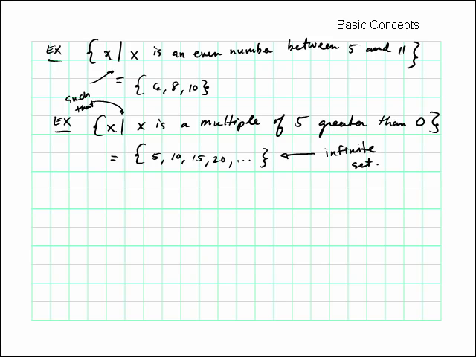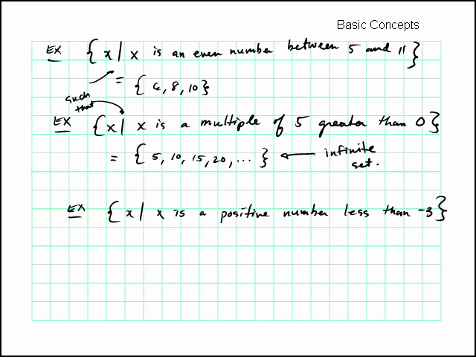One more example of set builder notation. All x's such that x is a positive number less than negative 3.